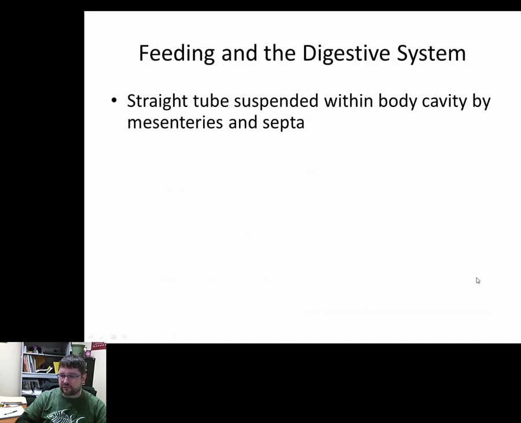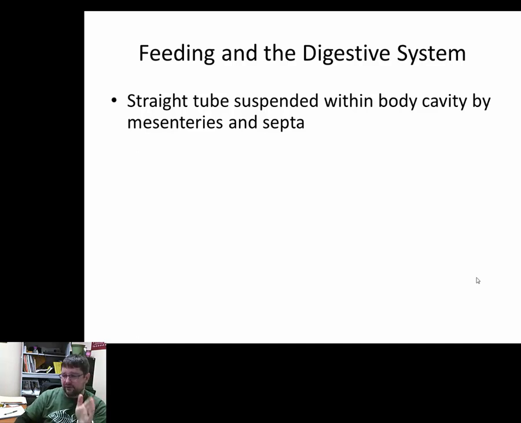Feeding and digestion. We talked about this a little bit when we were talking about molluscans, and Mollusca giving rise to other organisms or a different kind of digestive system. We see in annelids, their digestive system is much more advanced than in mollusks. Okay?